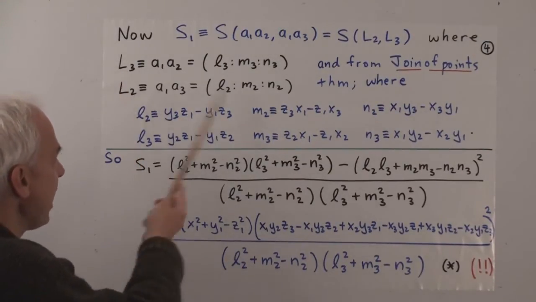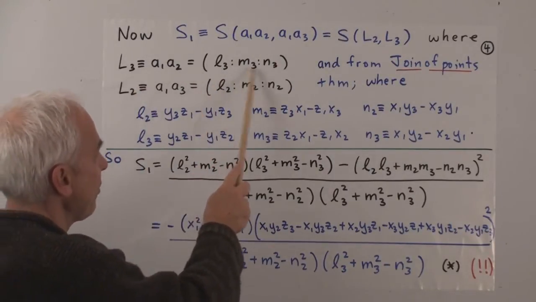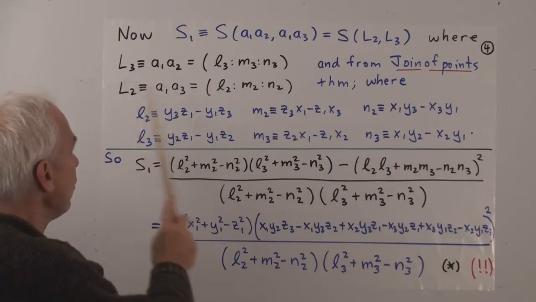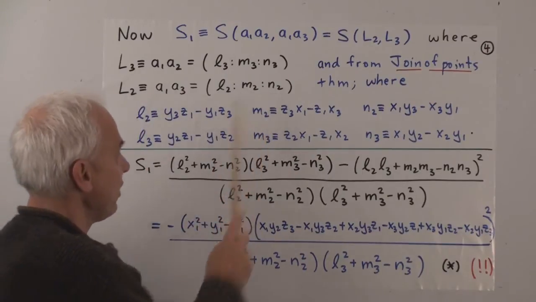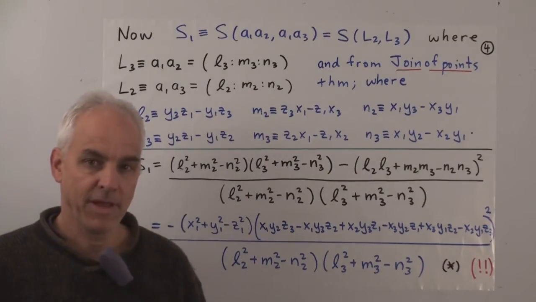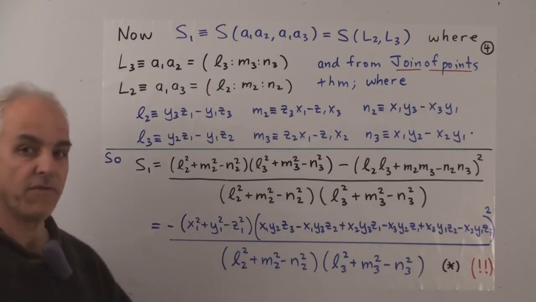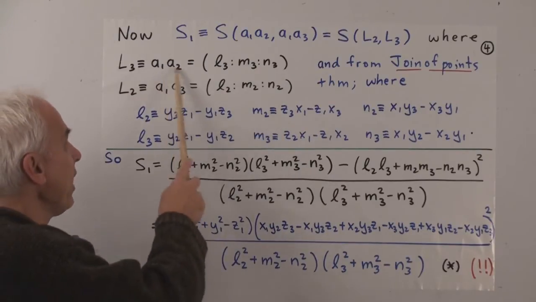So those lines have some coordinates. So say L3 is L3 to M3 to N3, and L2 is L2 to M2 to N2. And the join of points theorem allows us to write down what these proportions are in terms of the coordinates for A1, A2, and A3.